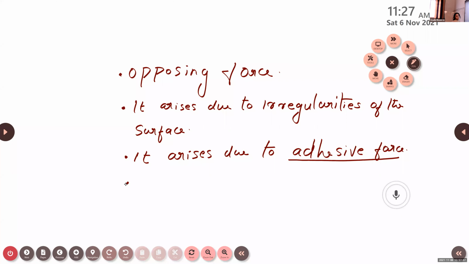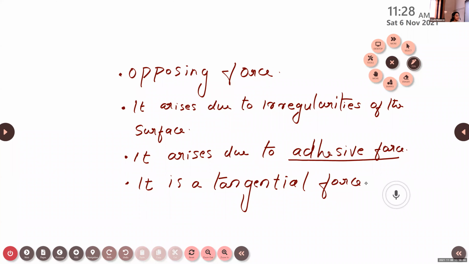And another characteristic of frictional force, it is tangential in nature. Frictional force is a tangential force.